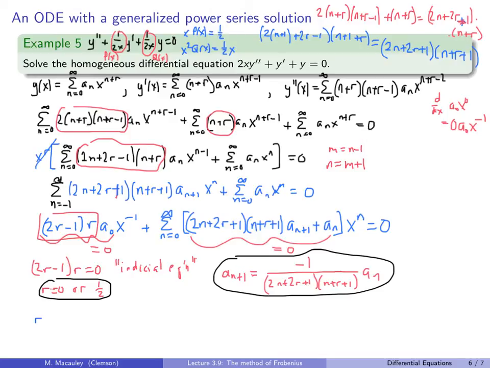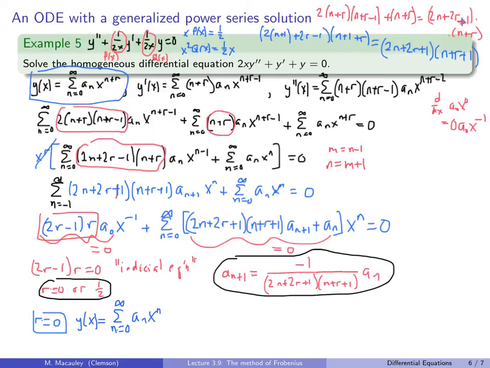When r equals 0, this is the first case. We have a generalized power series, and plugging in r equals 0 makes it a regular power series. It's as if this thing wasn't here. So when r equals 0, we have a solution of the form y of x equals the sum from n equals 0 to infinity of a n x to the n.